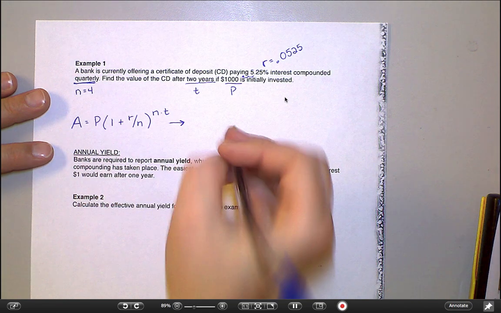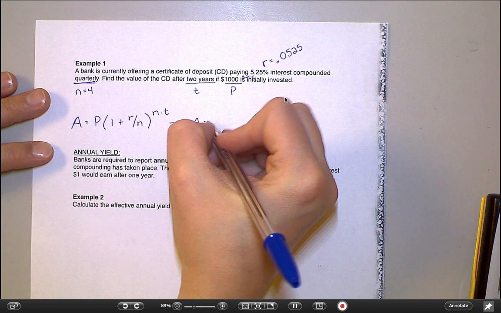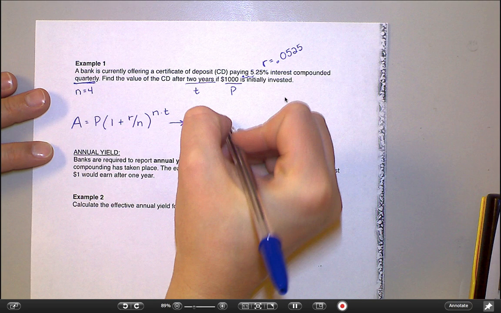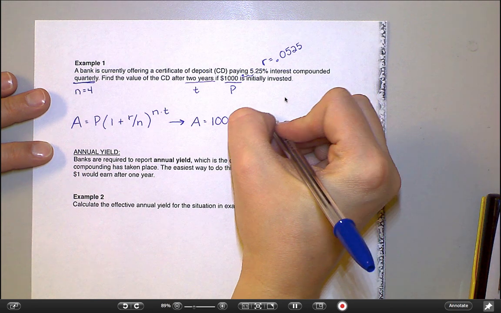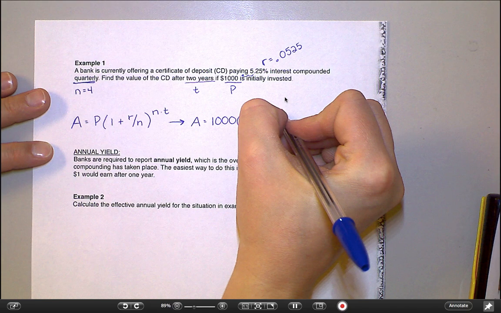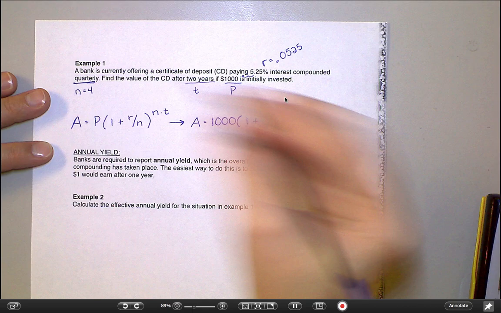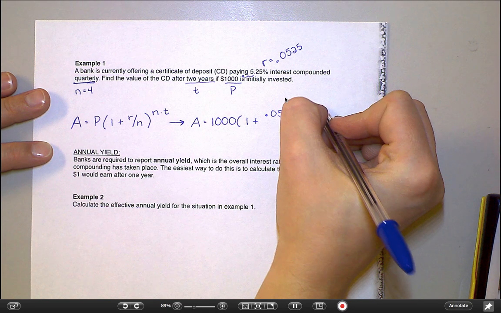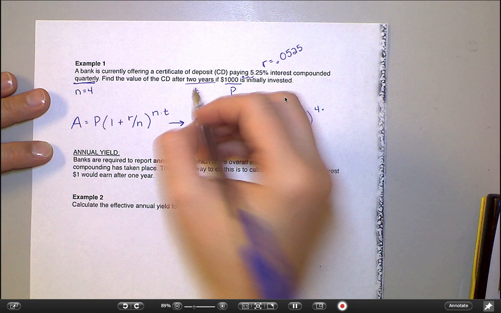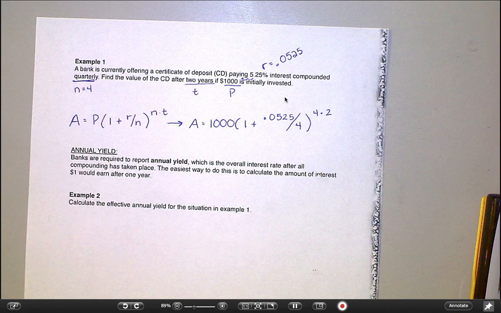So we want to say A equals my principal, so $1,000, times 1 plus my interest rate of 0.0525 divided by n, which is 4, to the power of 4 times my time, which is 2. That's how all my numbers would look laid out in the formula.